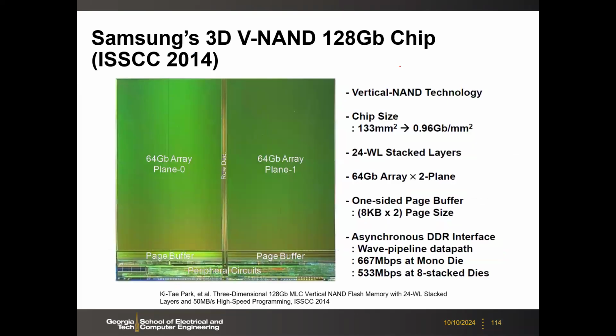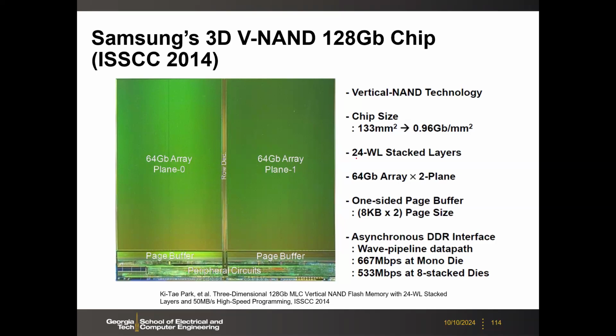So let's look at some products. As I said earlier, Samsung was the first one to commercialize the 3D VNAND, 3D vertical NAND. This was the first generation of the commercial chip showcased at ISSCC 2014. It's a 128 gigabit chip.